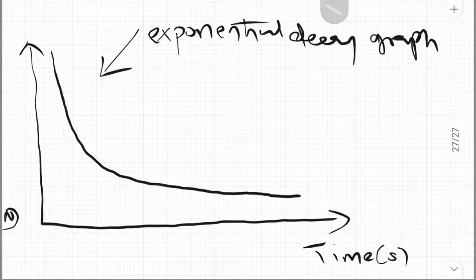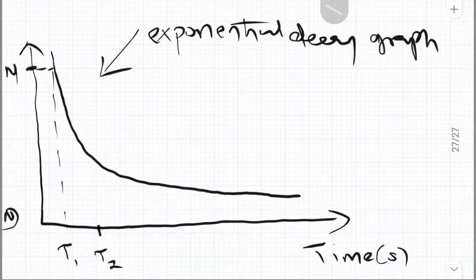So we said if you plot time on this axis and the amount of radioactive material on this axis, and you started with some amount n1 at time t1, and it took another time t2 for this to decay to half of the initial, n over 2, and so on.